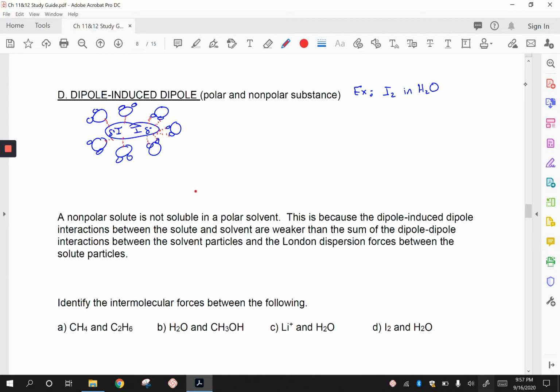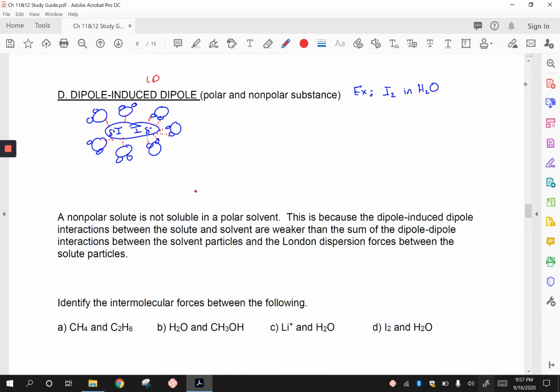Remember, this just means London dispersion, so polar with nonpolar is what we're saying. The dipole-induced dipole interactions between the solute and the solvent are very, very weak.